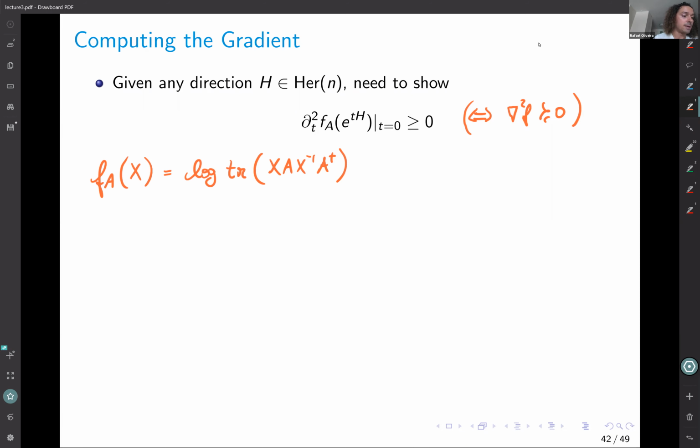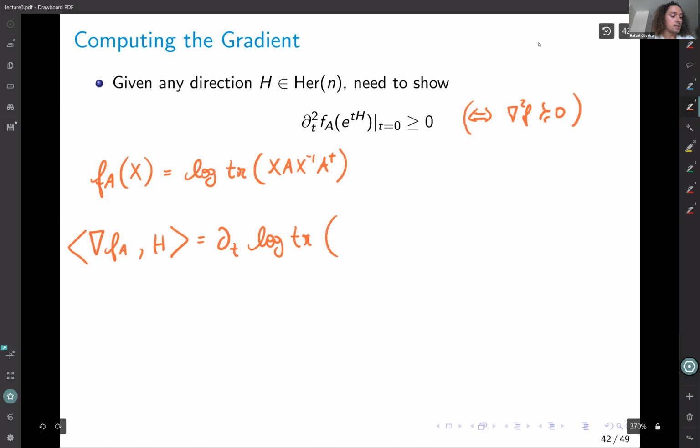Now if we look at the gradient of f_A, we know that for any direction H, by the definition of the gradient, this is equal to the derivative with respect to t of our function, the log of the trace.